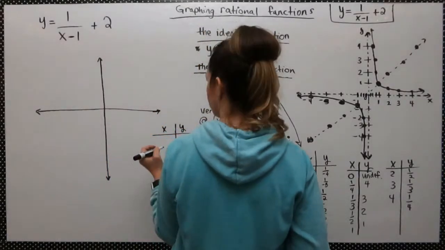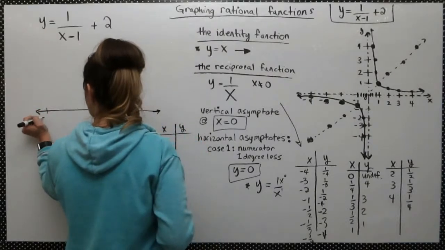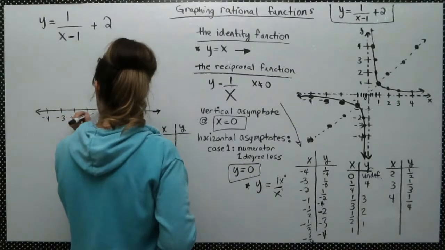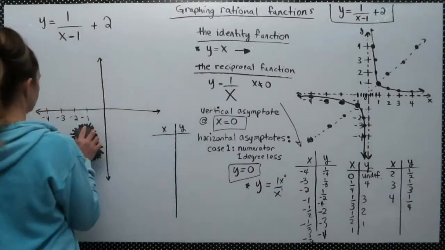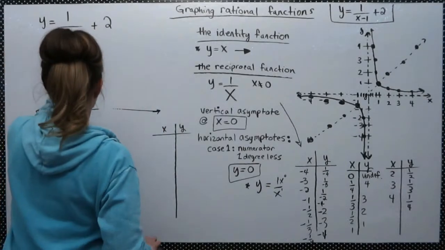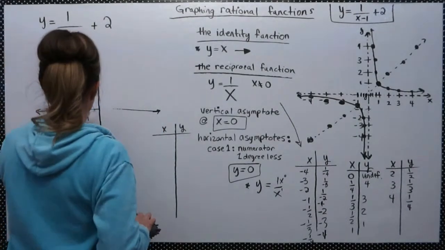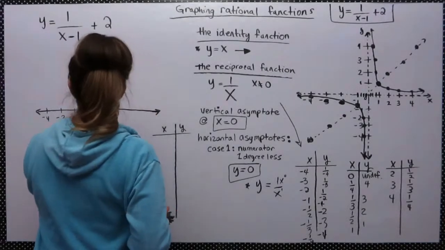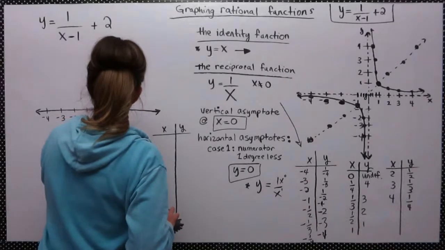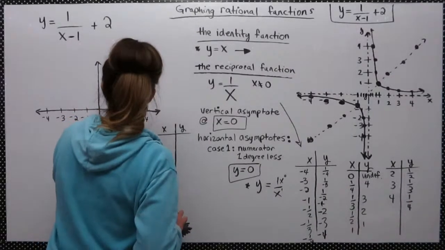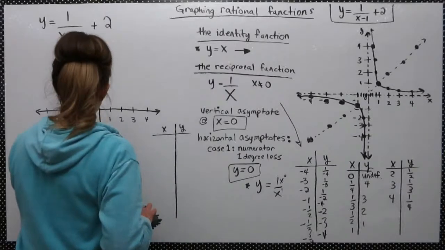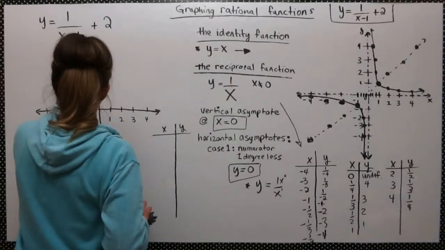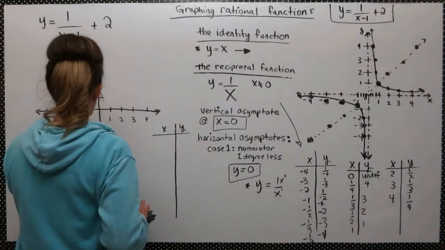We'll pick the same values in the domain: -4, -3, -2, -1, and 1, 2, 3, 4.